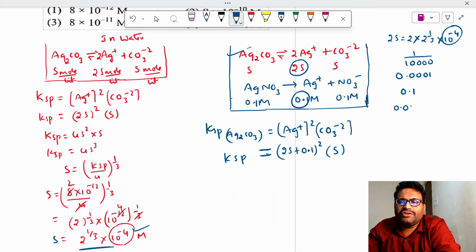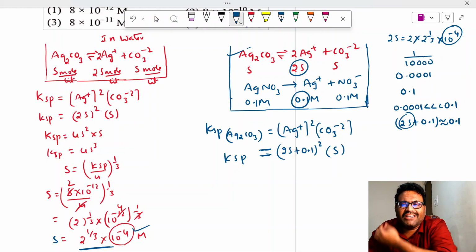So 0.0001 is very much less than 0.1. So I can consider that 2S plus 0.1 is equal to 0.1, because I am neglecting this 2S as it is very much less.